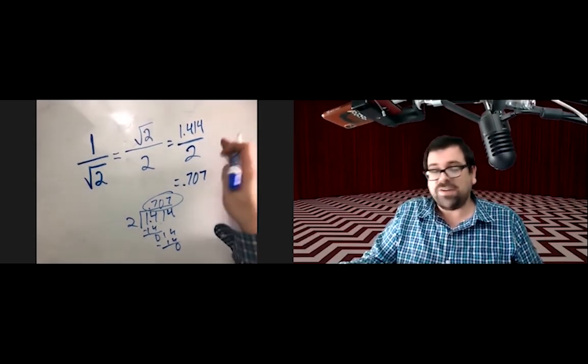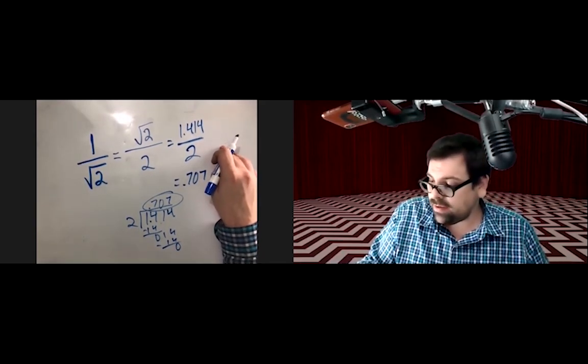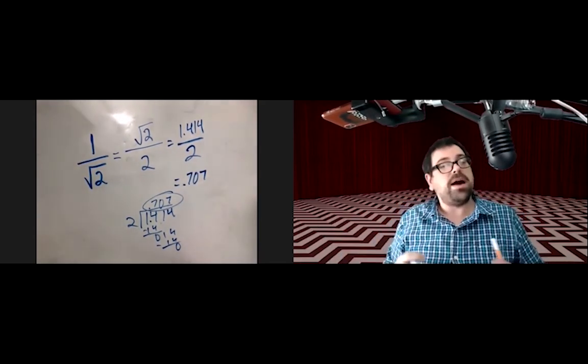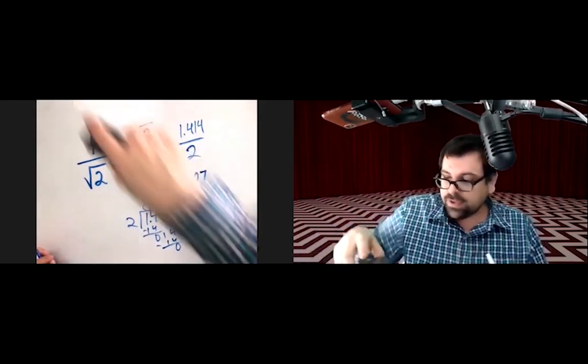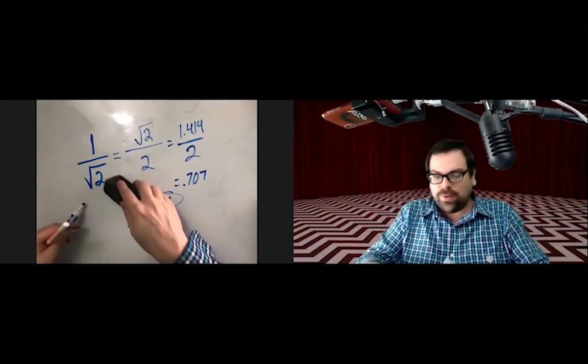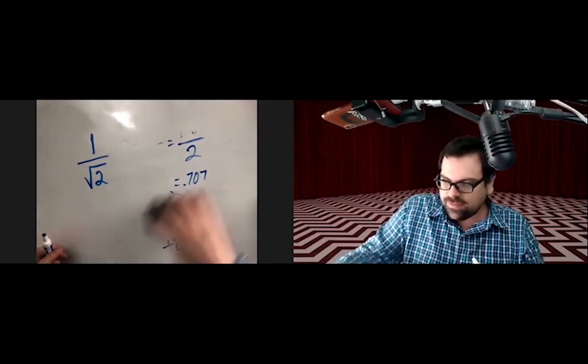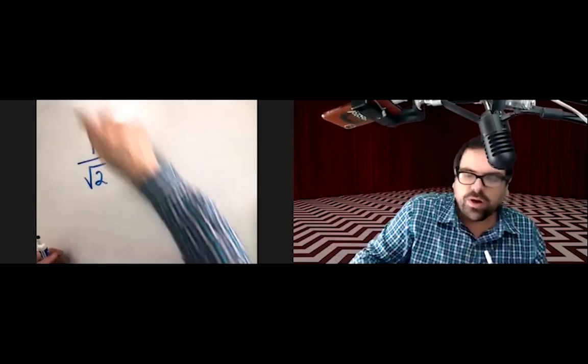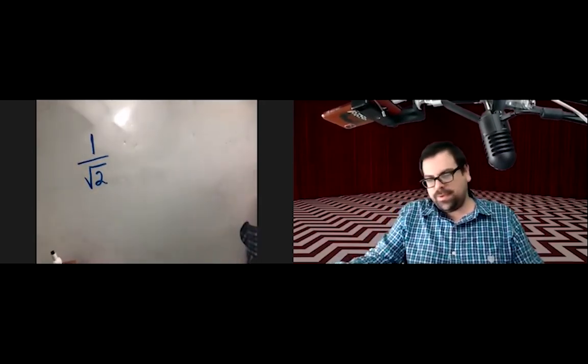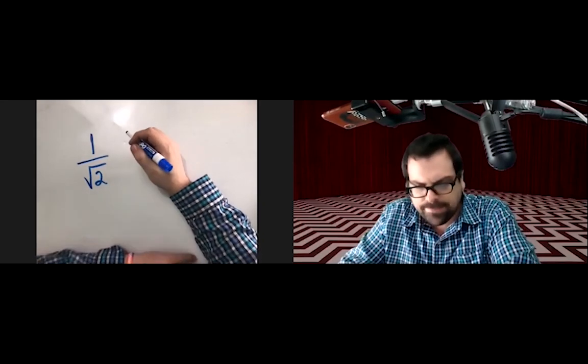So it's easier to divide by a number than it is to divide by a radical. So the convention is we don't want radicals in the bottom.